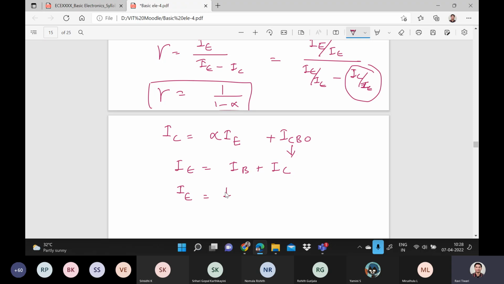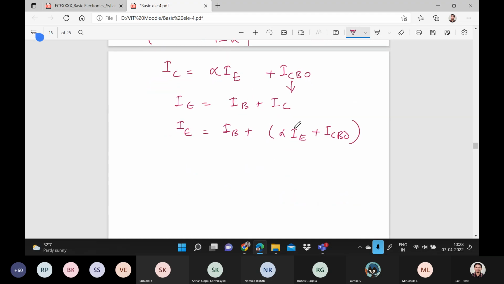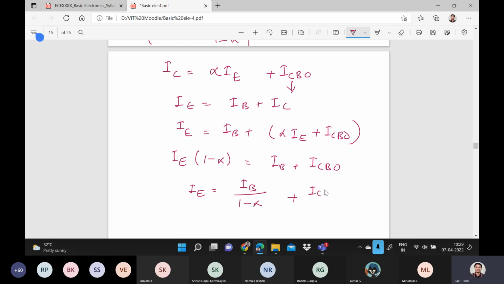IE is equal to IB plus, in place of IC, alpha IE plus ICBO. Okay, so from here I can simplify the expression. IE times (1 minus alpha) is equal to IB plus ICBO. So this IE will be equal to IB divided by 1 minus alpha plus ICBO divided by 1 minus alpha.